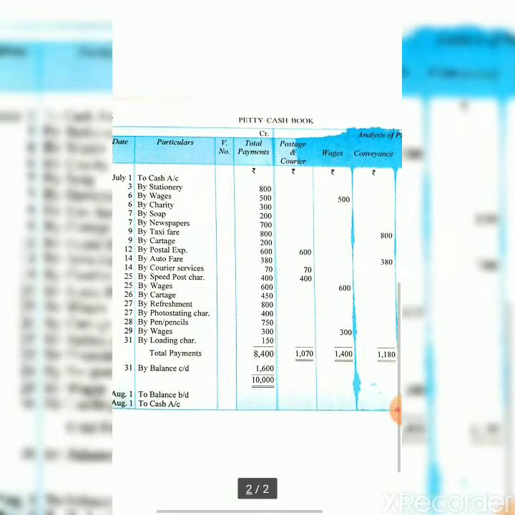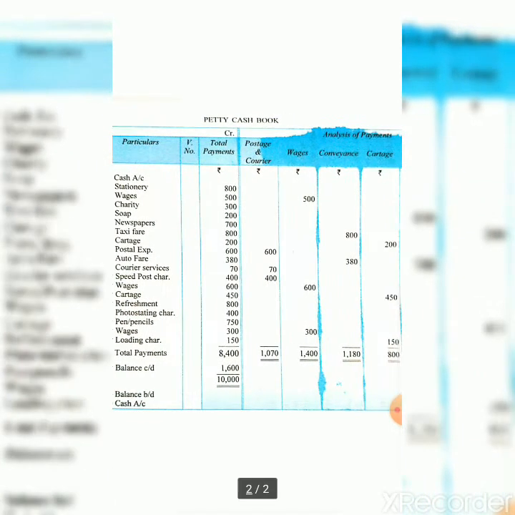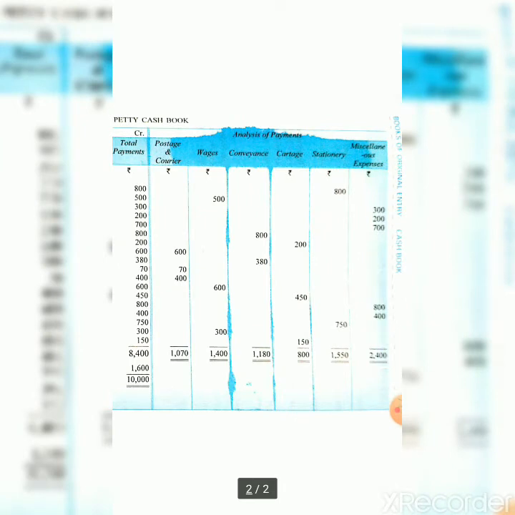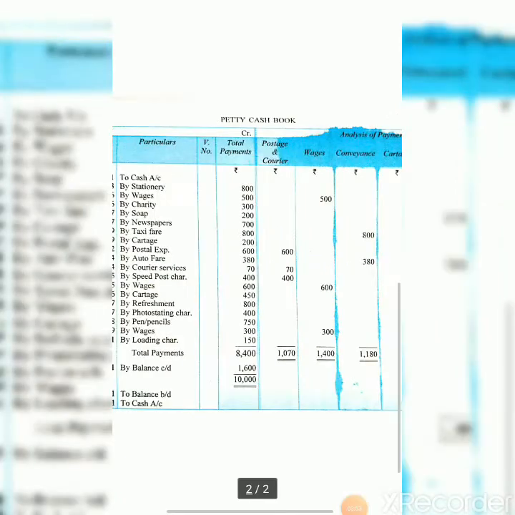Suppose stationery 800, so in the total column 800 will be there, and again in the stationery column 800 will be there. Like wages, for wages a separate column is here.